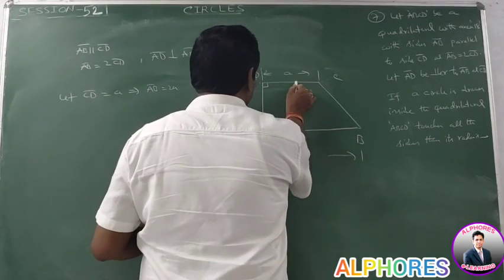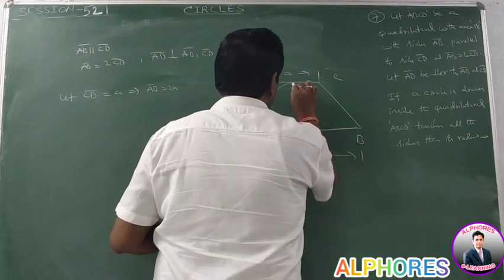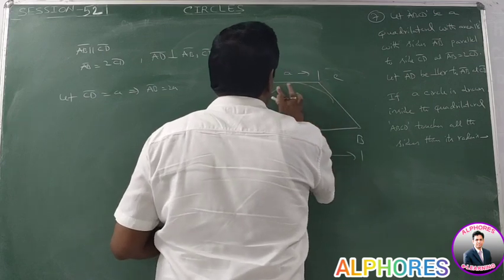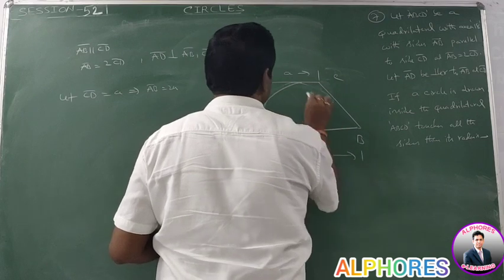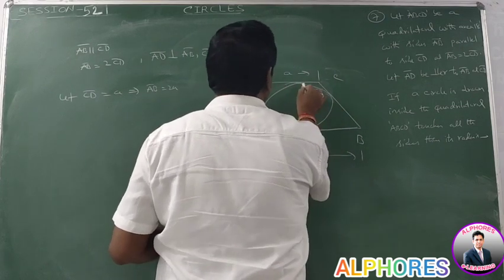A circle is drawn inside the quadrilateral ABCD, touching all the sides. That means the circle is in this way. It touches all the sides of the quadrilateral.